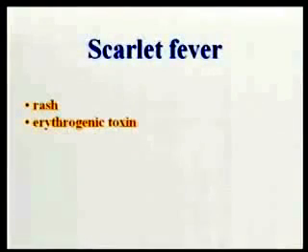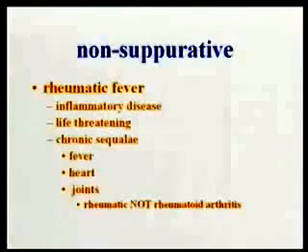Presumably we're seeing a contribution of various cytokines as a consequence, which can lead to shock aspects. A disease that is almost unheard of, but those of you who like to read romantic novels will come across it: scarlet fever, which we saw a lot maybe 100 years ago, where there's a rash, and it's referred to as erythrogenic toxin causing it.